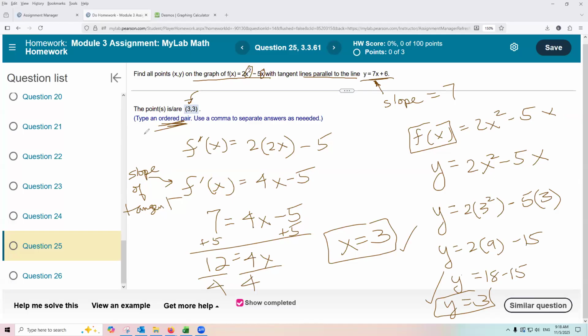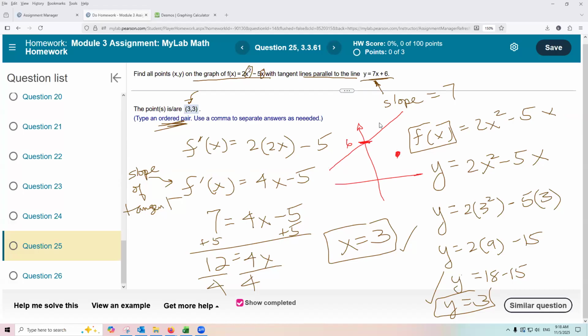Okay. And by the way, if you were to think about this from a graphical standpoint, what they're telling me is this graph, y equals 7x plus 6, is here, let's say. This graph at the point 3, 3 would have a tangent line. I didn't draw this very well, but let me redraw this.